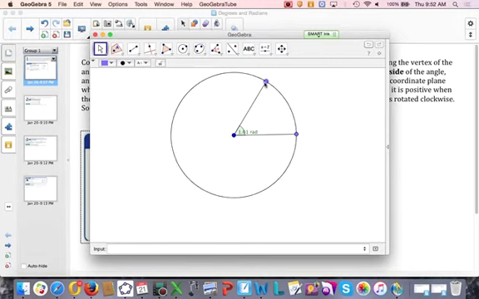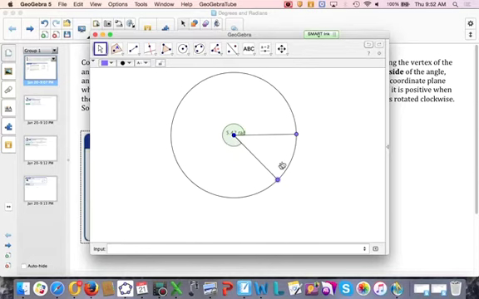So how many radii does it take to go around the entire circle? There's 1, here's 2, and oh, that's an interesting number right there.